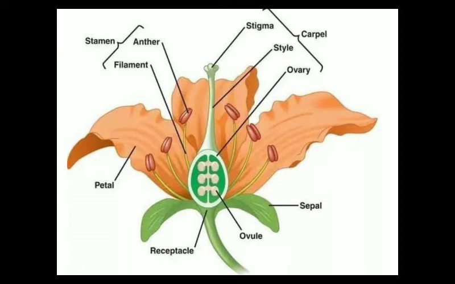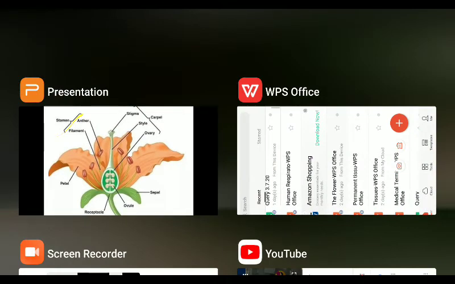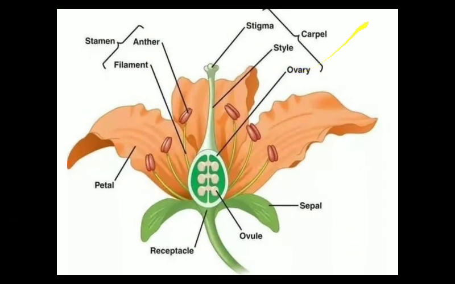So this is a diagram of a typical flower. A typical flower consists of four different floral appendages, and these floral appendages are sepals, petals, stamen, and carpel. So these are the four different floral appendages.